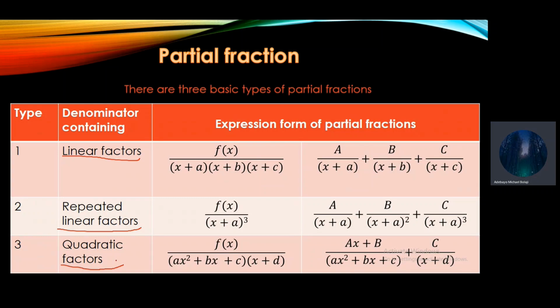And in the third case, the denominators are quadratic factors. As you can see in this denominator, we have linear factors. In this case, it is repeated in such a way that it is x plus a raised to the power of 3. So repeated is in this form: x plus a, x plus a, and so on and so forth. Now, how do we represent linear factors?